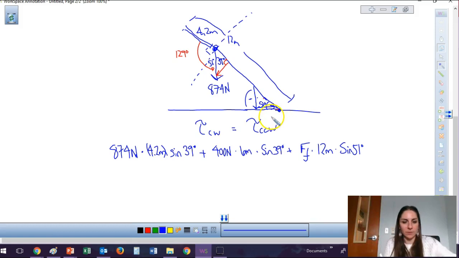And I'm sorry, hold on. My force is going this way, like this. So that's my force of friction. Oh, I see what I did. Okay, so I made the right angle here. And if I use 51, this would be that angle.